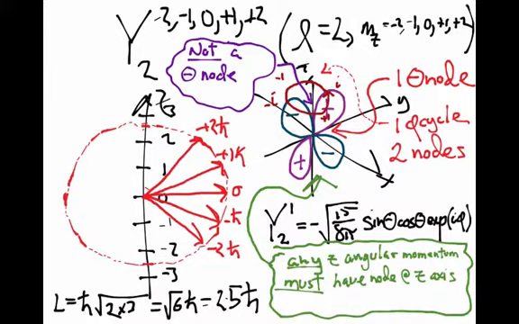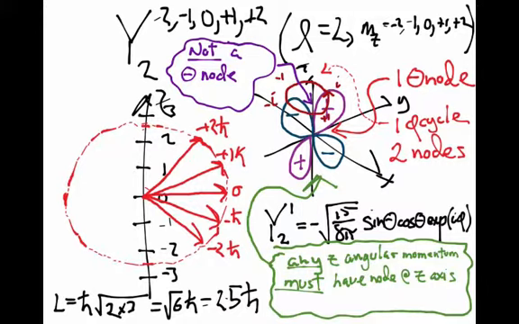It's not a theta node, but if there's any amount of z angular momentum, that means there's some rotation in the xy plane. There's no way that you can find the object right on the z-axis, because then the radius out from the z-axis would be 0, and it's impossible to have a moment of inertia. So if there's z-component angular momentum, the function must go down to 0 as you get to that z-axis.